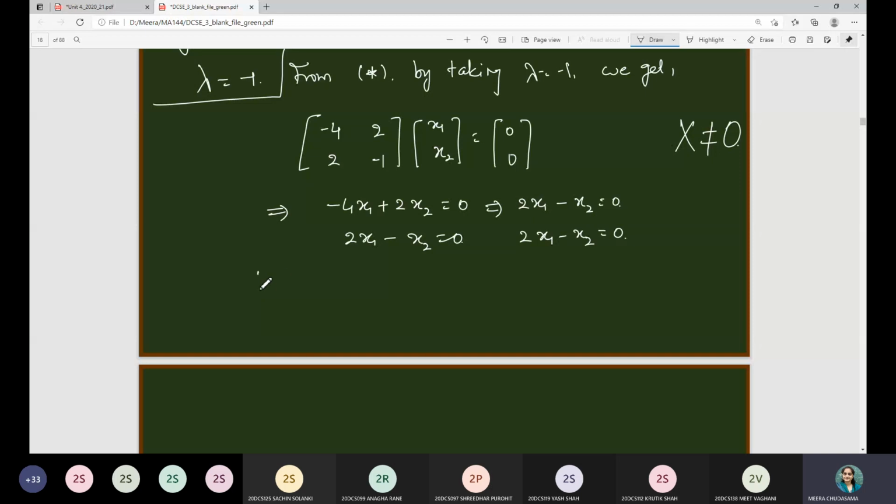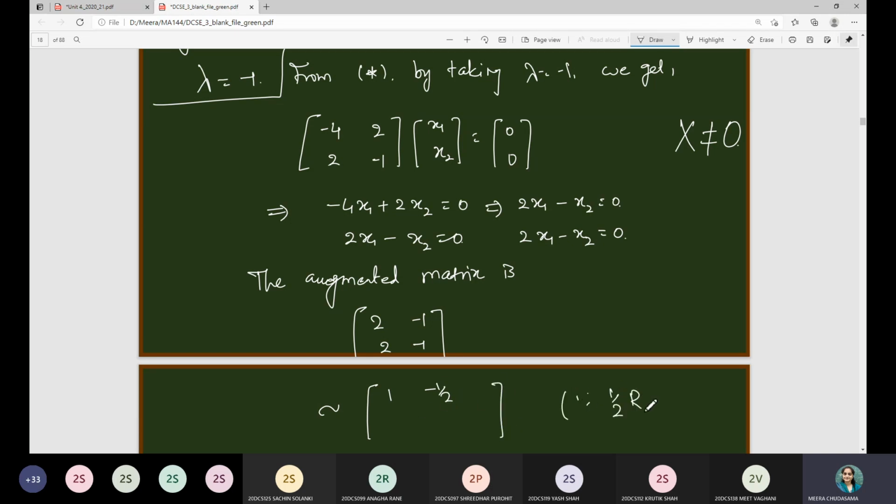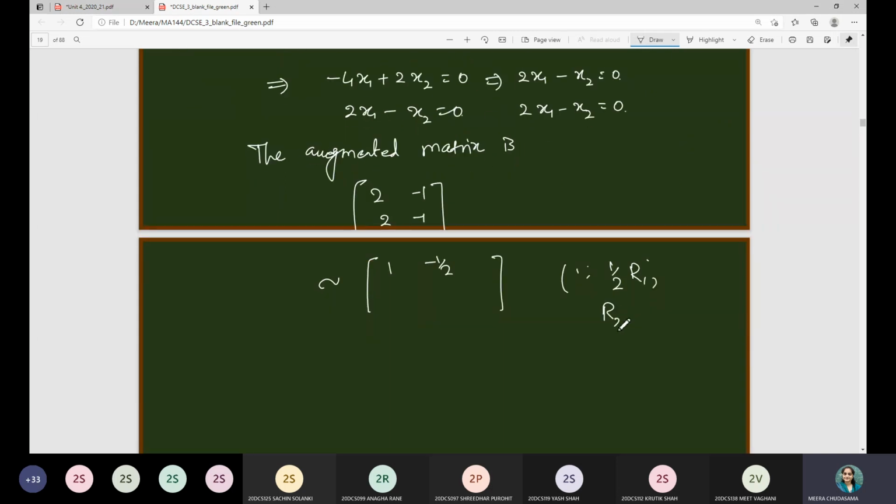So in that case, the augmented matrix, you can find what the solution will be. The augmented matrix will be [2 -1; 2 -1]. In this one, if you apply the operation, the first row is multiplied by 1/2, and then on R2 you write R2 - R1. Means in that case you will have these two elements as 0 0.